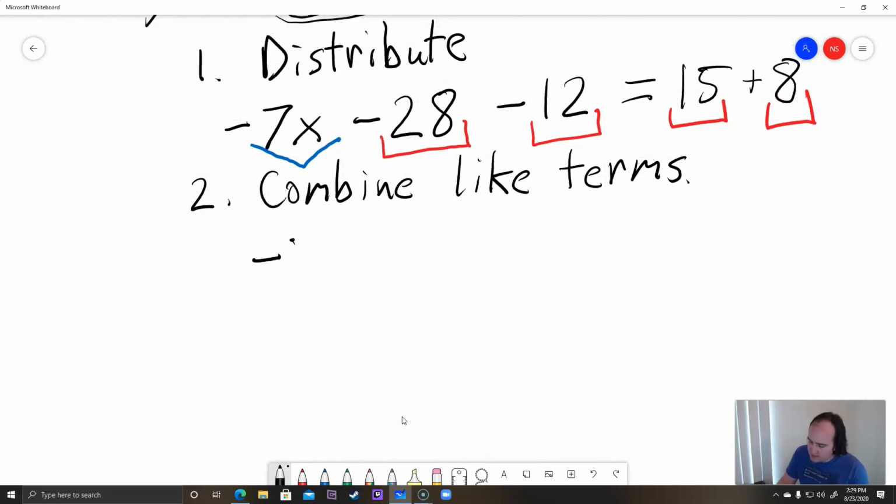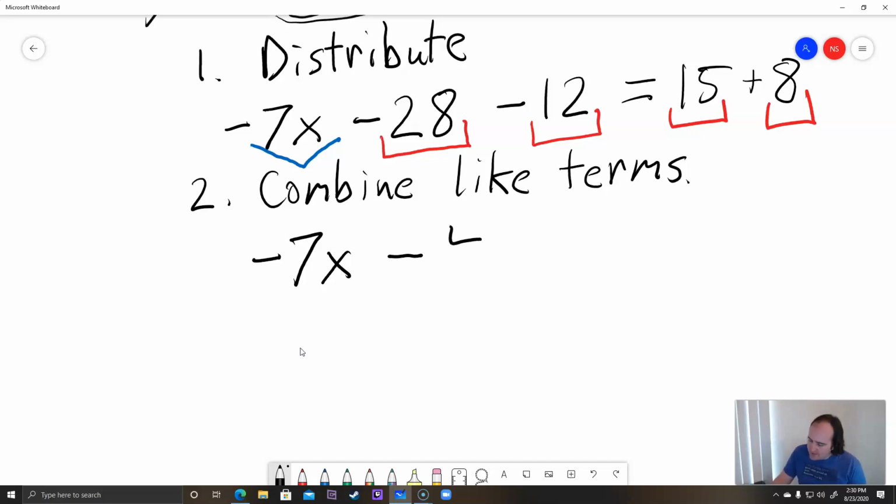So on the left side we're going to have negative 7x, and then with negative 28 minus 12, these numbers have the same sign, so we keep the sign and add. So we know it's going to be negative. And then what's 28 plus 12? Well, you can write it vertically or just do it in your head. It should give you 40.